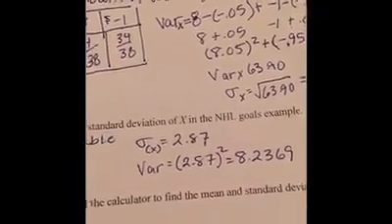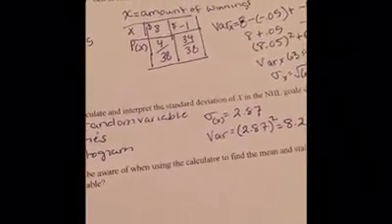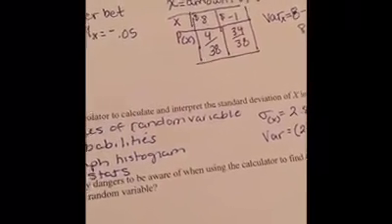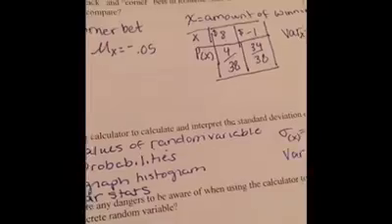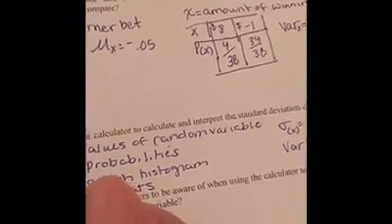Are there any dangers to be aware of when using the calculator to find the mean and standard deviation of a discrete random variable? Well, yeah, there is. The students on the AP exam lose credit for not showing work.